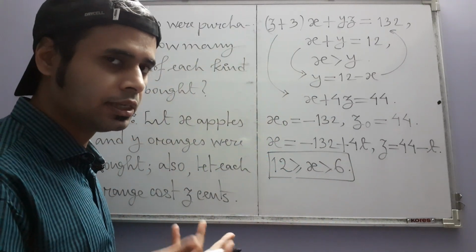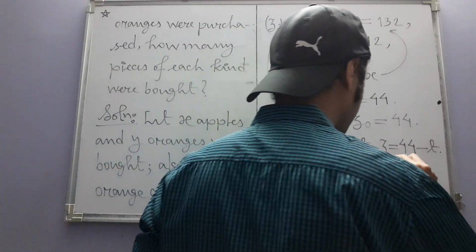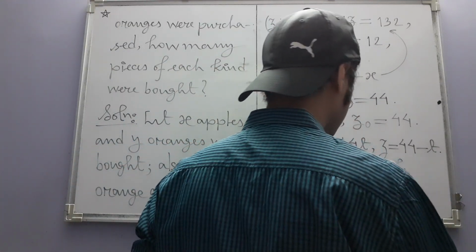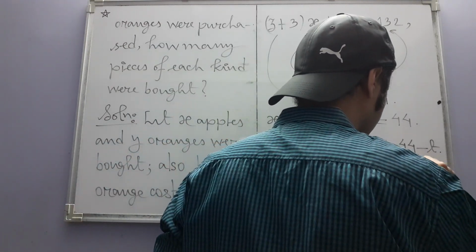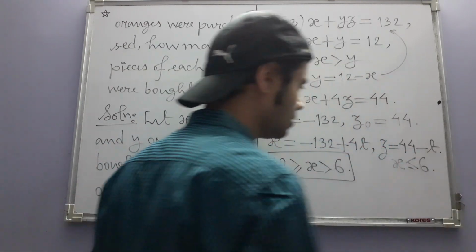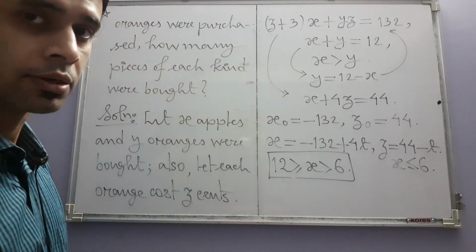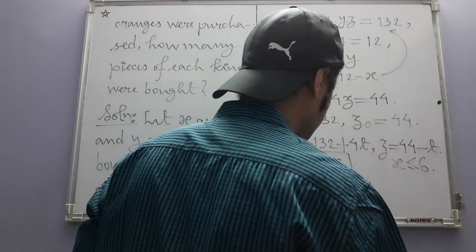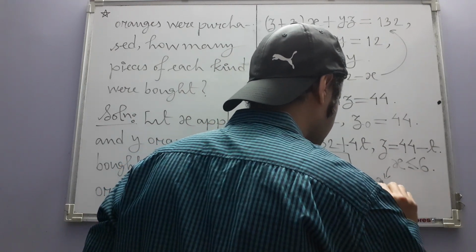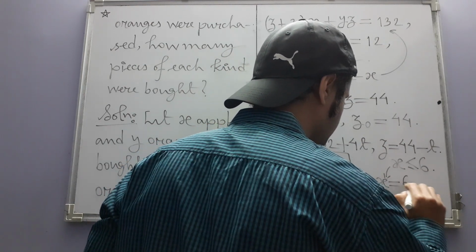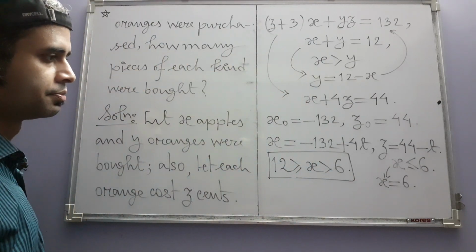Immediately we cannot see y, but let's see what happens if this is considered to be false. That means if x is less than or equal to 6, what problem do we then encounter? You see, to make matters even simpler, consider x to be equal to 6.